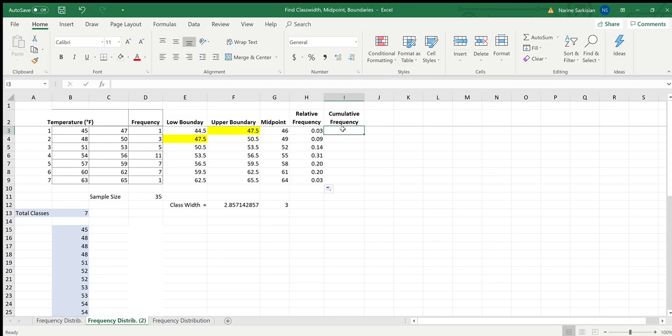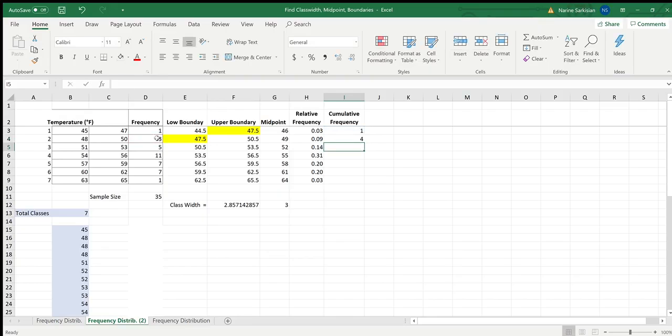And the cumulative frequency, so it's how the frequency is going to be accumulated. First comes the frequency of the first class, 1. Okay. Next, I'm going to take the frequency I have and add the second frequency here, 3.